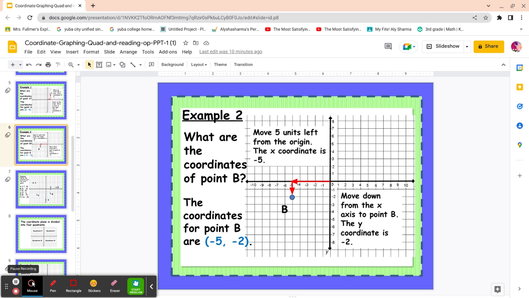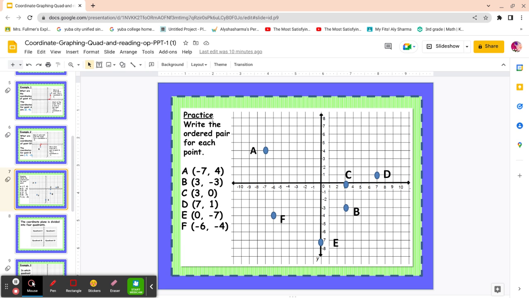Let's move on. Okay, so this is practice. Write the ordered pair for each point. A is -7, 4. So this is going to be the -7 down here on this axis, and the 4 is going to be here. So the points will meet right here.